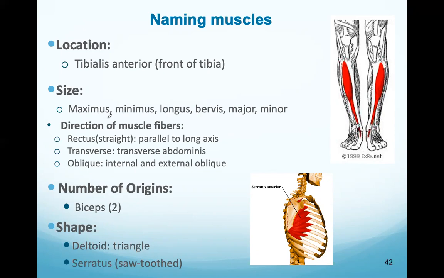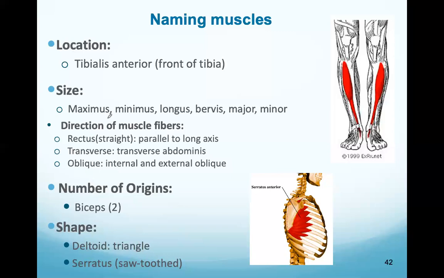Transverse muscles create a horizontal pattern. The best example is the innermost muscle lining the abdominal cavity, called the transverse abdominis. And oblique muscles come at an angle. The best example again is associated with the abdominal muscles, with 2 layers of external and internal obliques.